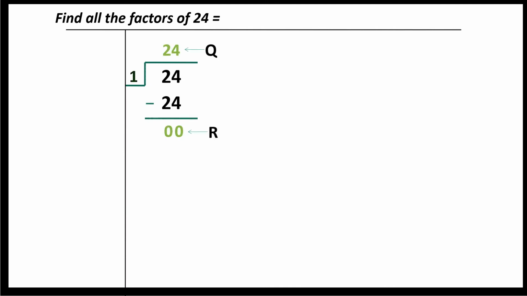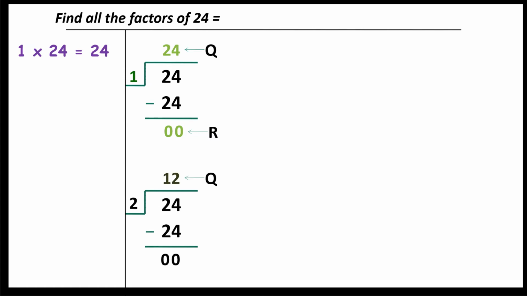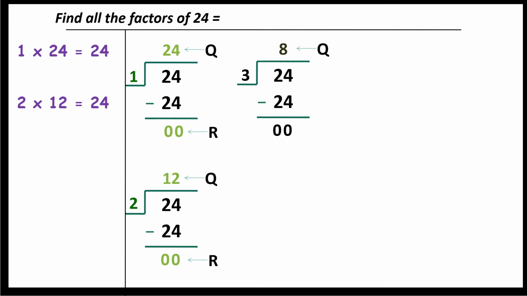So 1 is a factor of 24, and write down 1 multiplied by 24 is equal to 24. Then divide 24 by 2. We get quotient 12 and remainder 0. So 2 is a factor of 24 and write down 2 multiplied by 12 is equal to 24. Then divide 24 by 3. We get quotient 8 and remainder 0. So 3 is a factor of 24 and write down 3 multiplied by 8 is equal to 24.